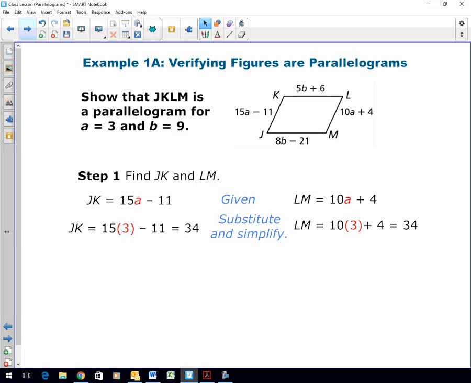Yeah, those two sides. Remember the property. I've got to have 2 pairs of congruent sides. That's why you can't just stop with one pair of congruent sides. Even though these sides might be congruent, you must prove that these are also congruent.